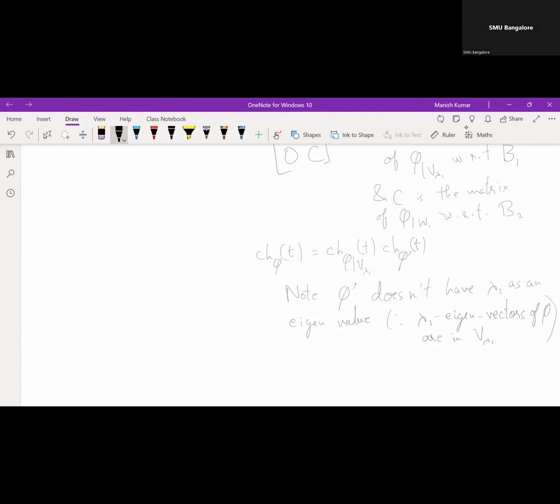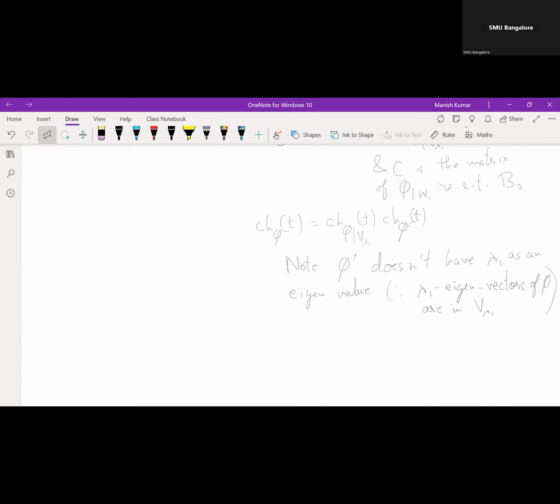So that tells you that the characteristic polynomial of phi prime does not contain t minus lambda 1 as a factor. G1(t) was the characteristic polynomial of phi divided by F1(t). So this must divide the characteristic polynomial of phi divided by F1(t).